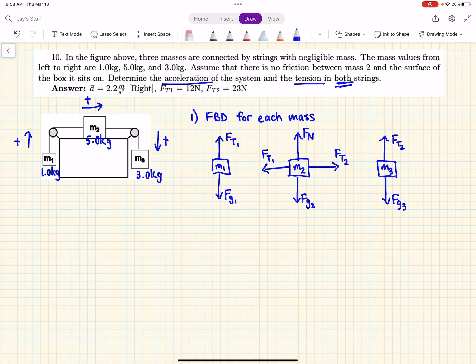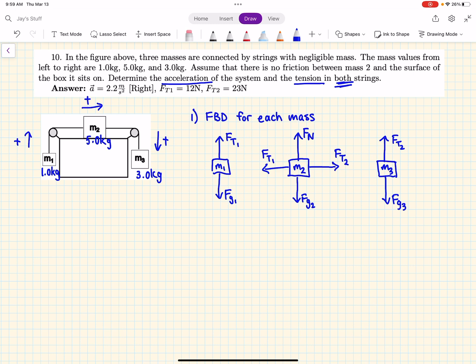Now if we're going to find the acceleration of the system, the simplest way to do it is to look at this as one unit with total mass equal to all the masses added together. You can solve for the acceleration by doing individual F-net statements for the masses and using a system of equations.